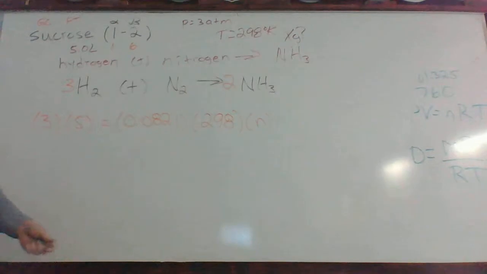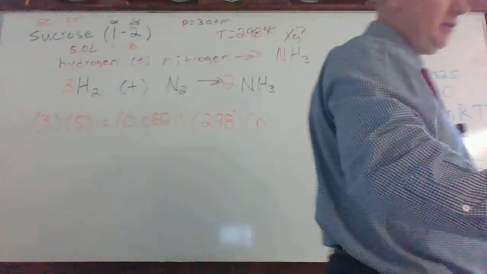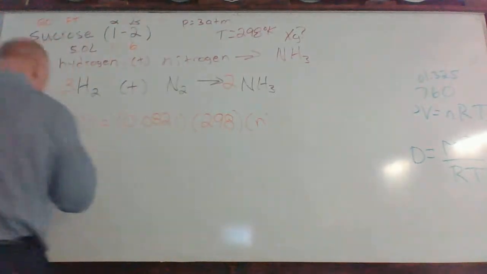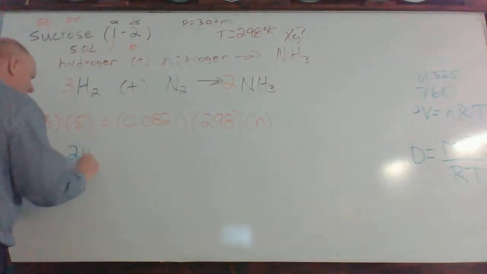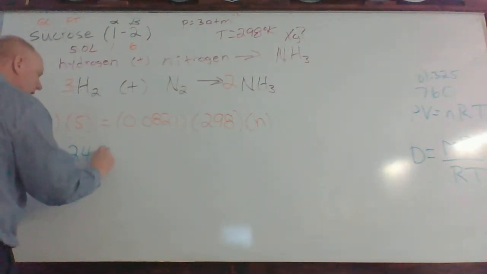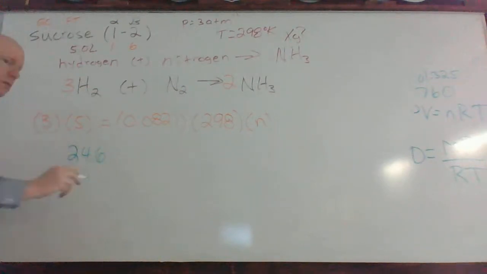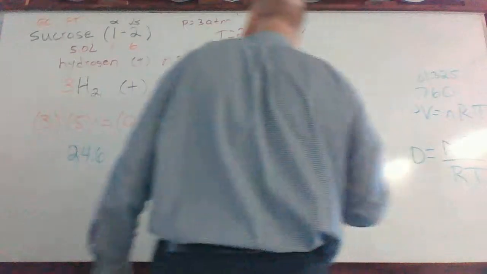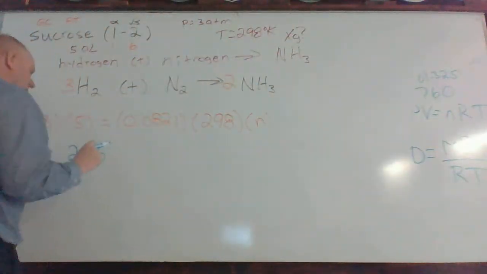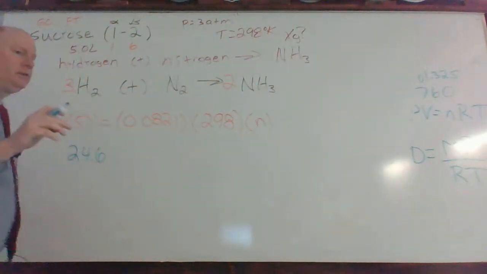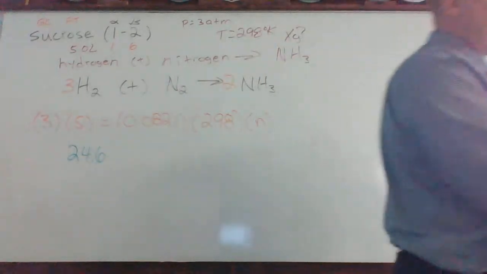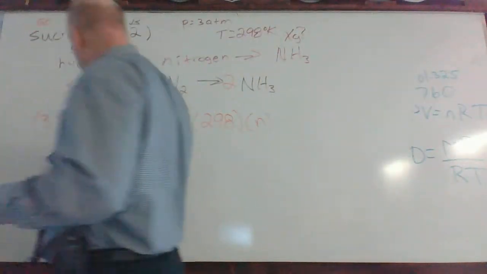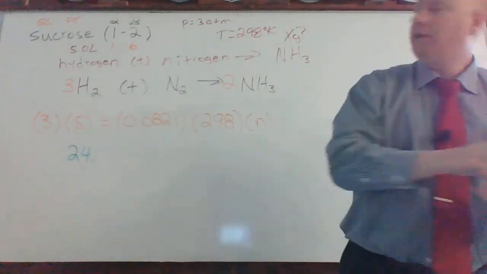Take 0.0821 times 24.6... 0.65. Wait, 24.4658. Yeah, so I said 24.47.